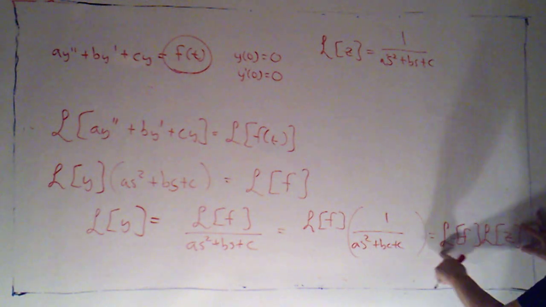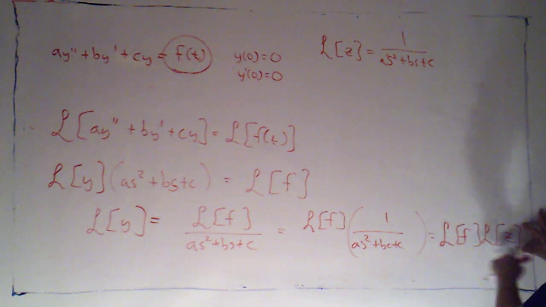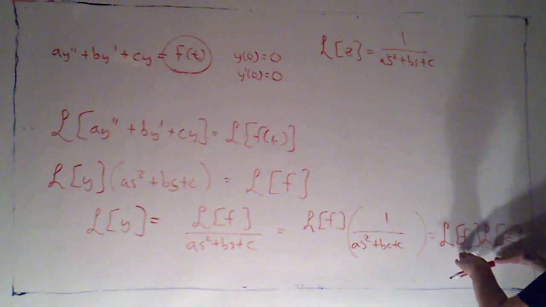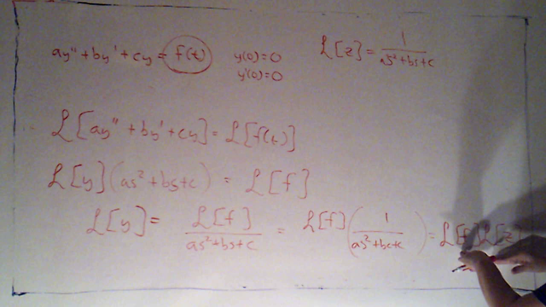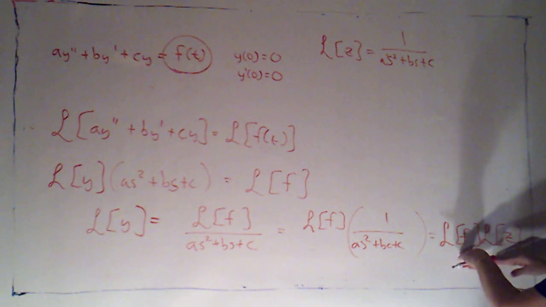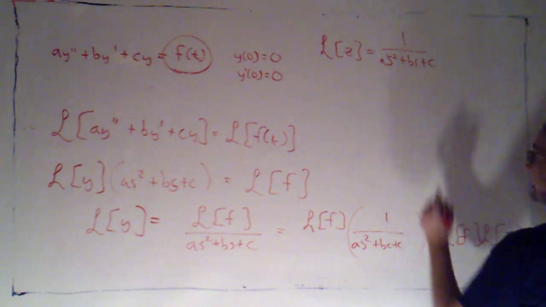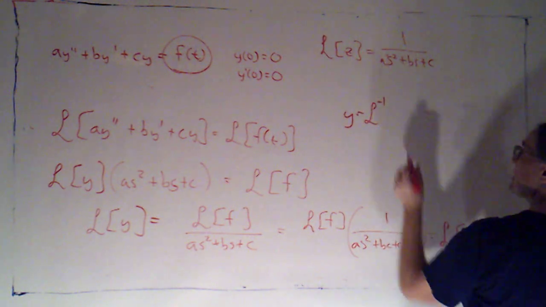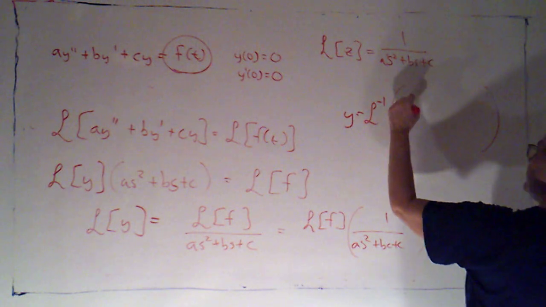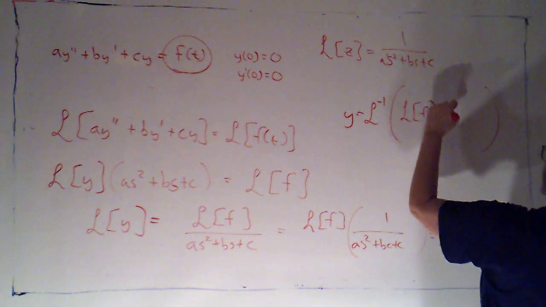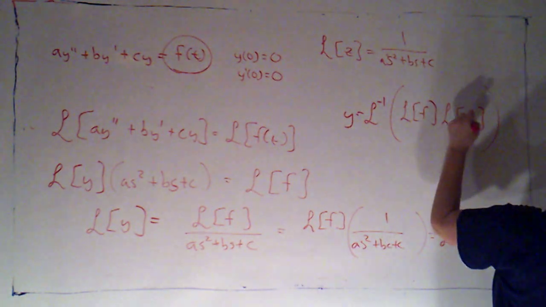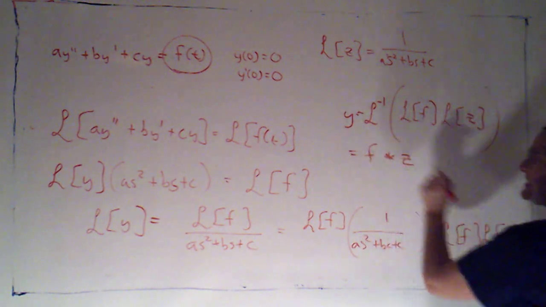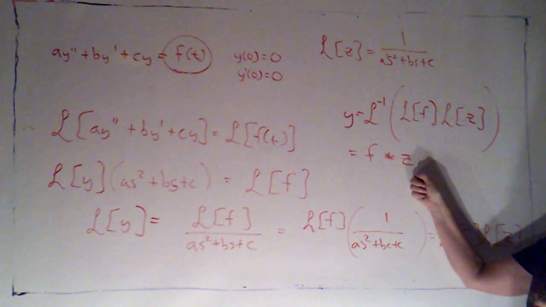So, I now have that the Laplace transform of y is actually a product of two Laplace transforms. So now I can say that means that y is the inverse Laplace transform of the Laplace transform of f times the Laplace transform of z, which is just going to be f star z. It's going to be this convolution.